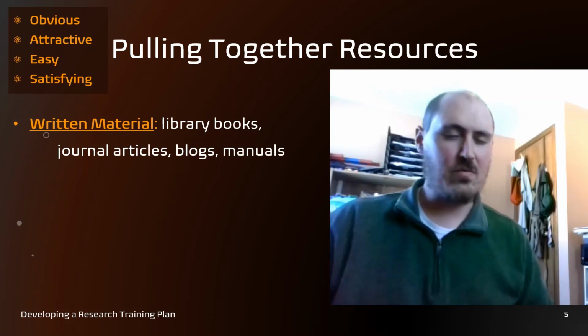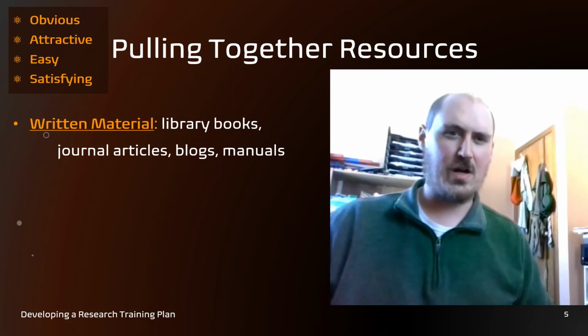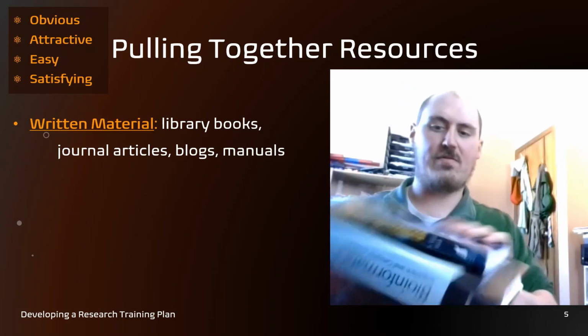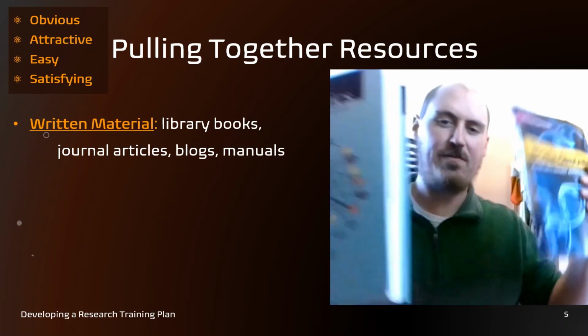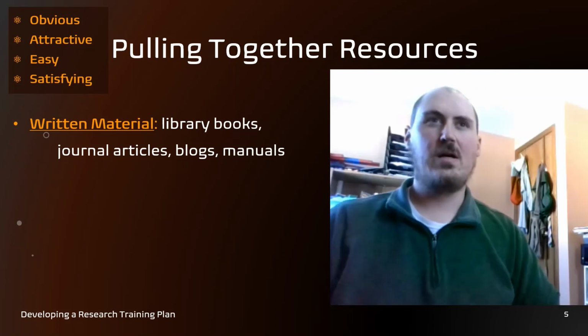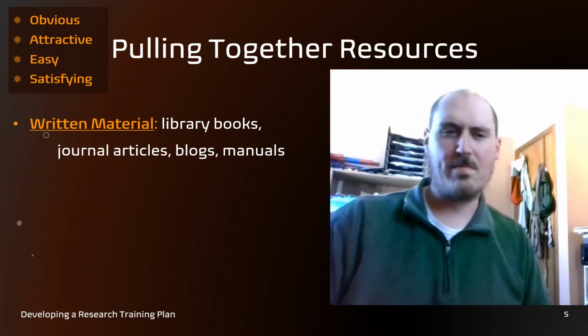I particularly find written materials when it comes to physical books as one of the obvious ideas, because then you have it, like for example, say bioinformatics, you have them, they're physical, they're right here, you can throw them on your table. It's obvious that they're there and you can look through it at your leisure.